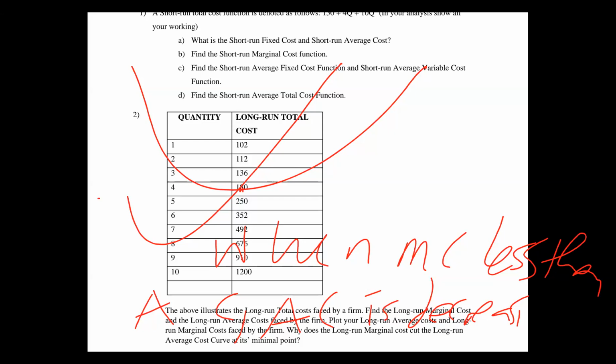But the diseconomies of scale will come in after some point, when the firm expands too big, such that the average cost will start rising. And we say that the firm is experiencing diseconomies of scale. So due to economies and diseconomies of scale, you can say that the average cost is U-shaped.